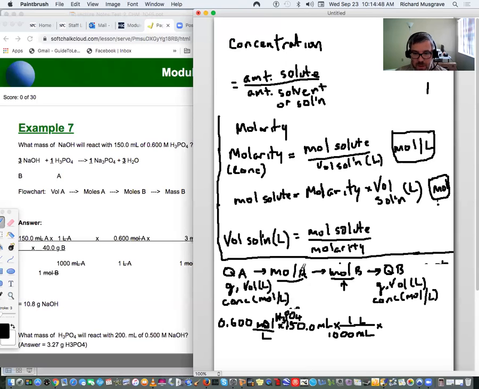This is where we're at now, because you can see that the liters cancel, the milliliters cancel, and we're left with moles of H3PO4, which means we're at this point in the flowchart at moles of H3PO4. We're looking for next moles of NaOH. So moles of NaOH will go on top.